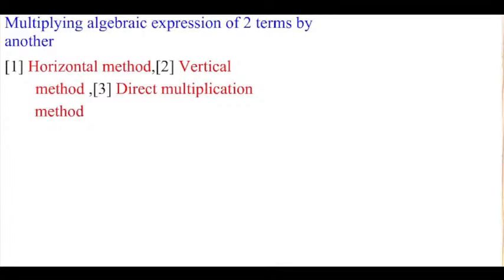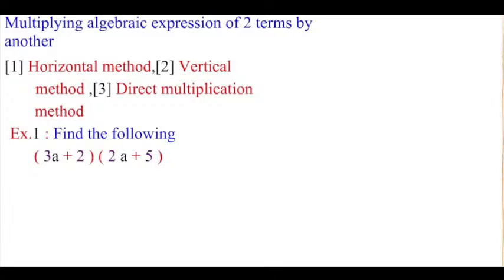Unit 2, Lesson 6. Multiplying algebraic expression of two terms by another. 1, horizontal. 2, vertical. 3, direct multiplication method. Example 1. Find the following: 3a plus 2 times 2a plus 5.